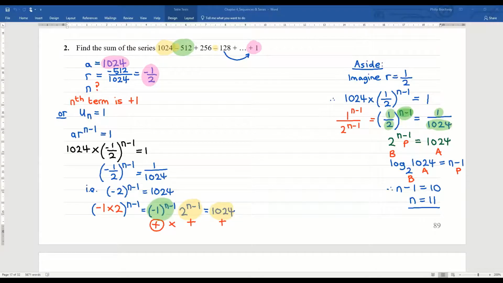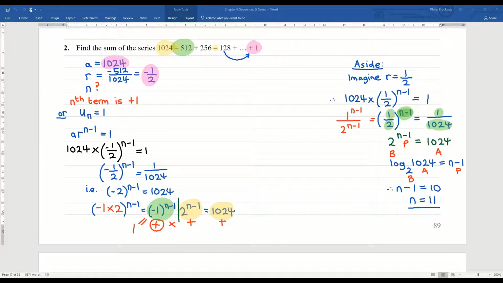So if we think about what that looks like, if you raise negative 1 to any power, it's going to either be positive or negative. And if it's positive, it's just going to be 1. So we can argue this away and just say, well, this is clearly just going to equal 1. And then we've got the same problem as we had earlier, which we've already solved.